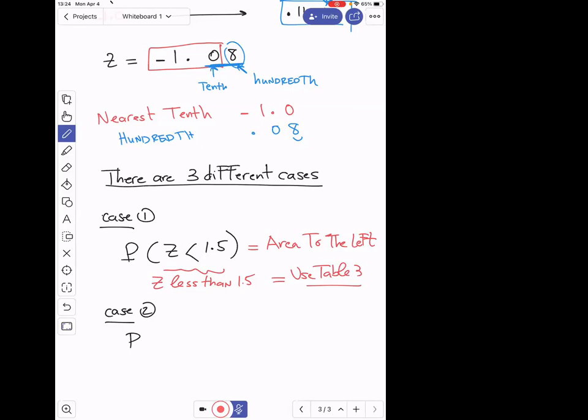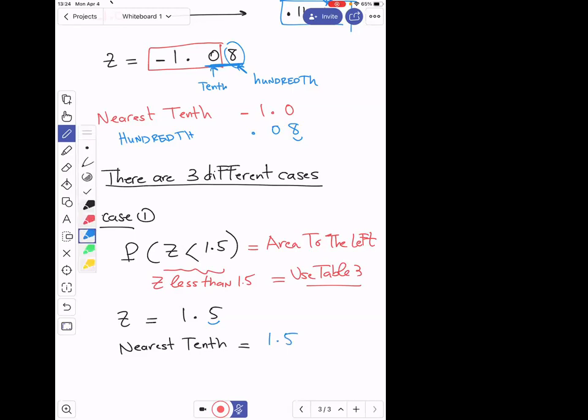No, actually, no. Like in this example, your Z is 1.5. So what's the nearest tenth? The tenth position is the first digit after the decimal point, which is 5, so it's just 1.5.